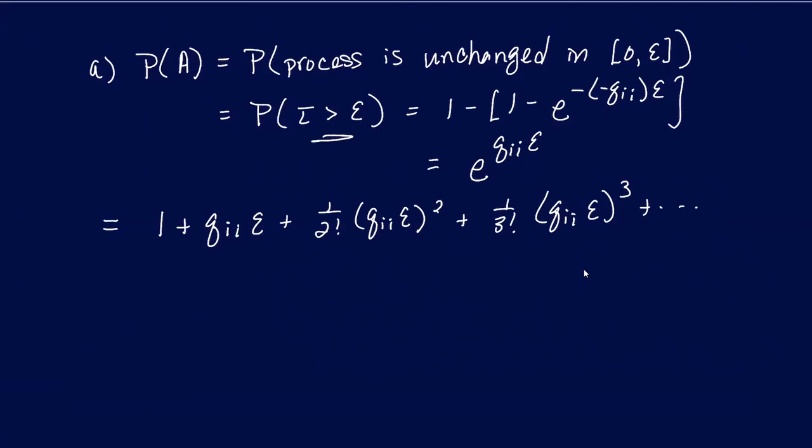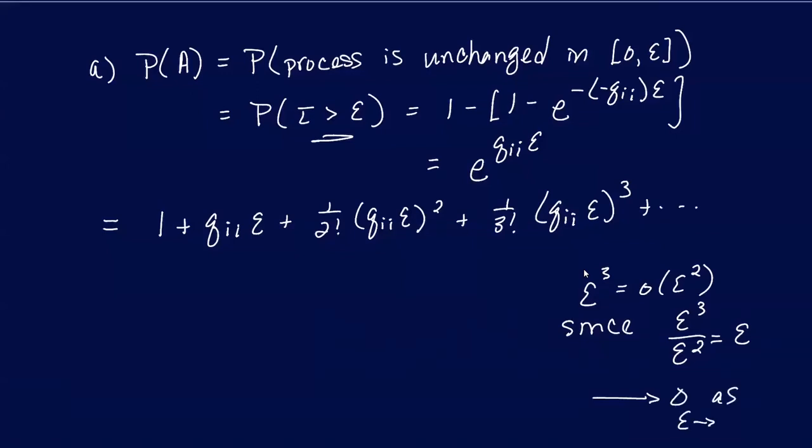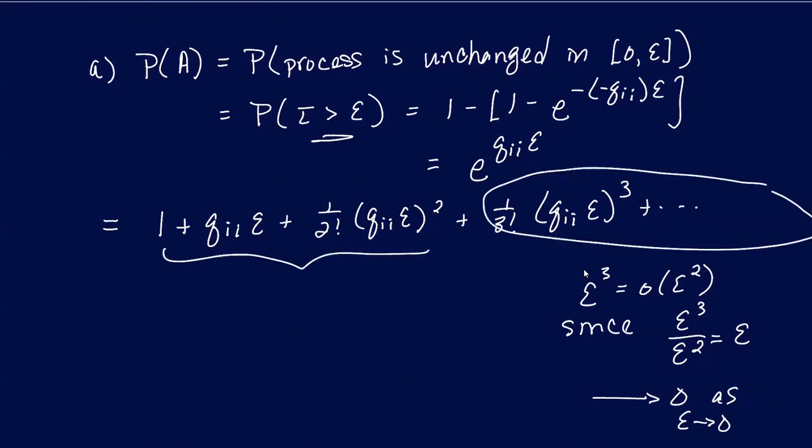So for example, epsilon cubed is little o of epsilon squared, since if you look at epsilon cubed over epsilon squared, you get epsilon, which goes to 0 as epsilon goes to 0. So we end up keeping these terms, and then the rest of the terms get wrapped into a little o of epsilon squared. And so we are done with part of this part A. So we have 1 plus q_ii epsilon plus 1/2 q_ii squared epsilon squared plus something that is little o of epsilon squared.